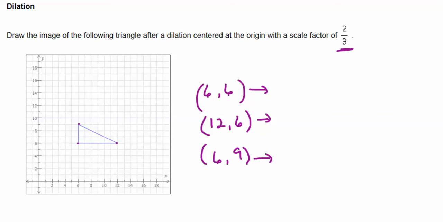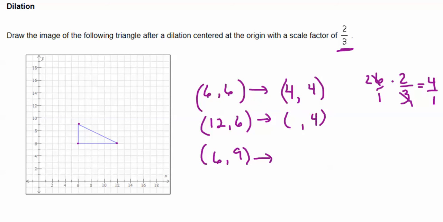So we're going to multiply 6 by 2/3. I'm going to make 6 into 6/1 and then reduce 3 and 6, and we get 4/1 or 4. And this is again a 6 multiplied by 2/3, so this is going to be a 4 again. Hopefully that part makes sense. Let's capitalize on that. We've got another 6 over here in the y-axis, so that's a 4. And this 6 over here also has to be a 4 when multiplied by 2/3.